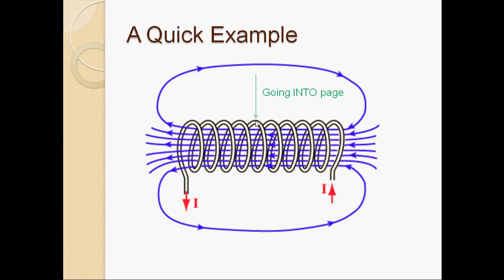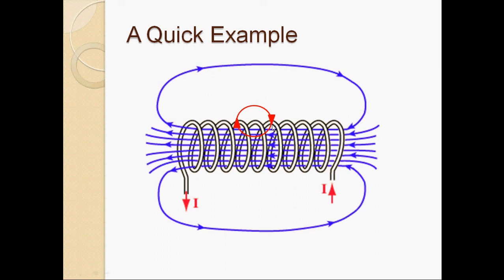Point your thumb away from you into the page and curl your fingers around, and what we see is that our fingers curl clockwise. So I'm going to draw a magnetic field just around that one point, going clockwise.